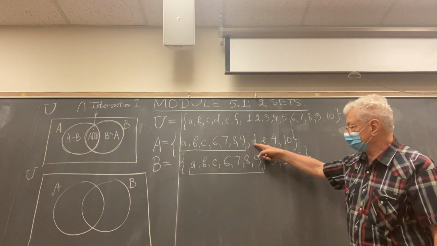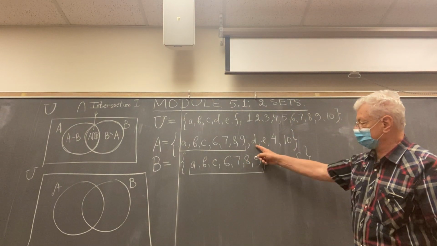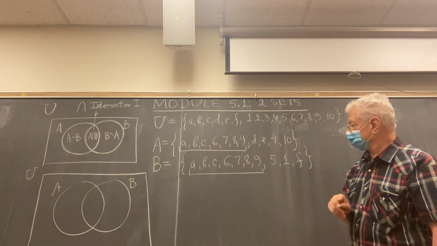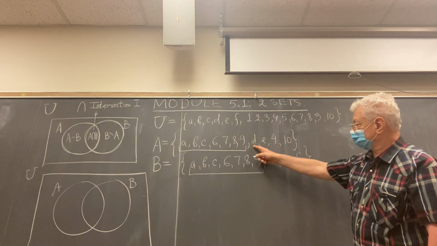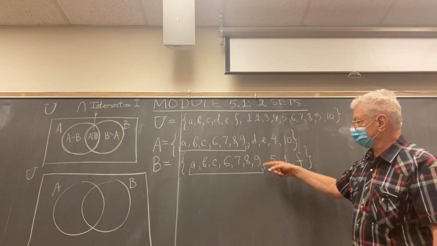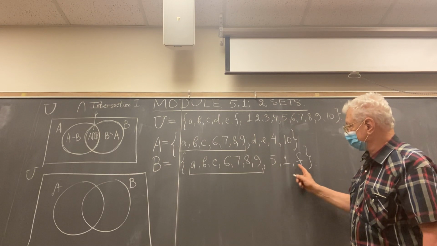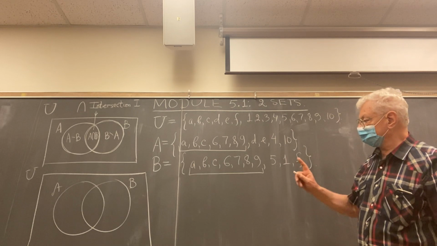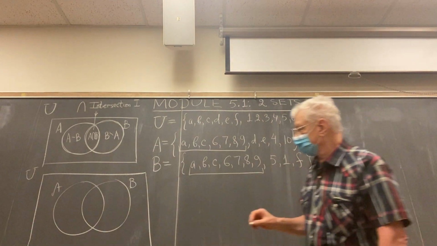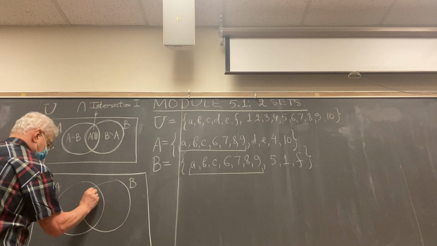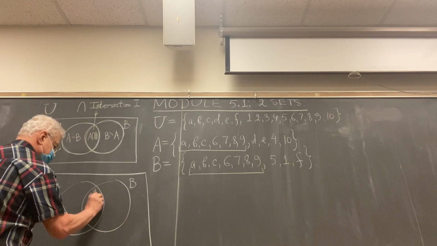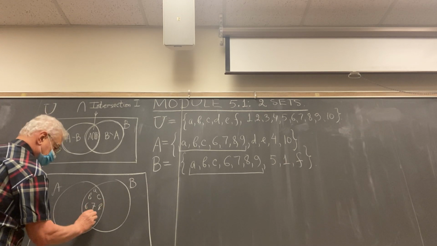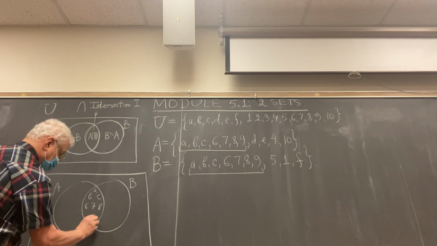Now let's take d. Do we see d in B? No. So d belongs to A, but doesn't belong to B. And all the others, d, e, 4, and 10, do not belong to B. Likewise, 5, 1, and f belong to B, but do not belong to A. So first, we put the common elements: a, b, c, 6, 7, 8, and 9.